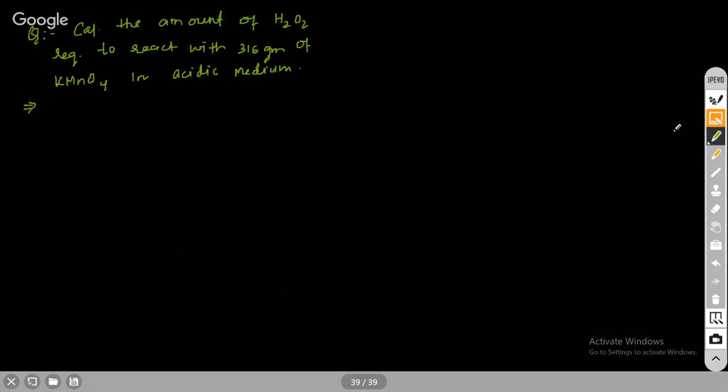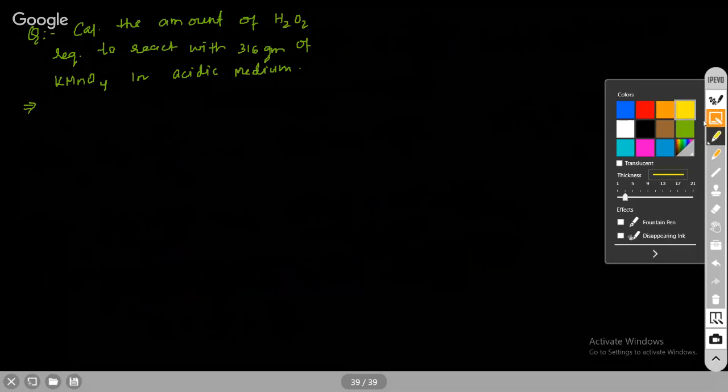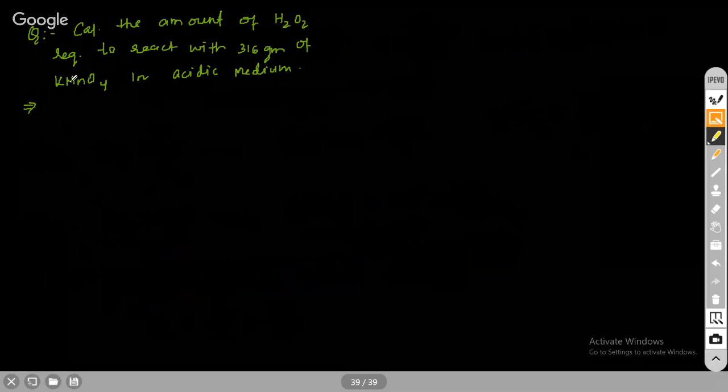See. Actually, the reaction is of KMnO4 and H2O2. You don't need to write down the complete reaction. Only these two are reacting. So what we can write, the concept we have, is that the number of equivalents of KMnO4 equals the number of equivalents of H2O2, right?